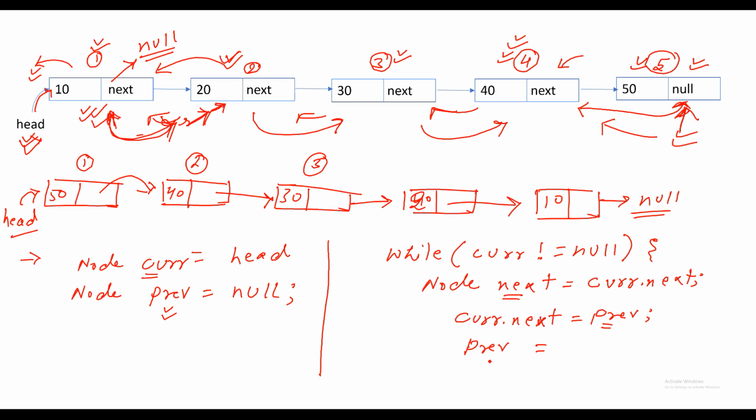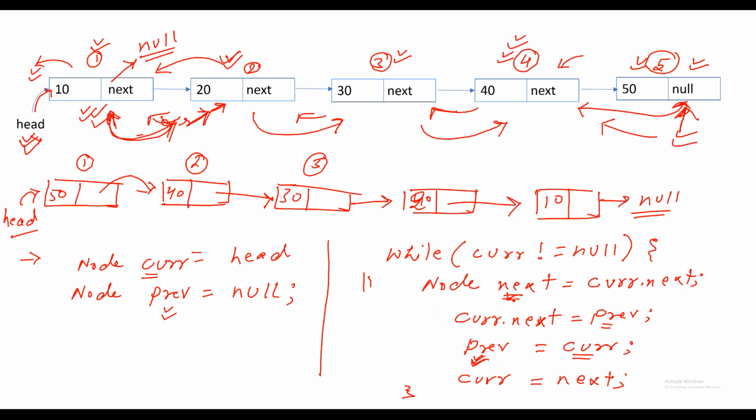So before you move to the next node, you store your current value into previous, because this will become the previous for the next node. And then you make current equal to next, because you have stored the next of this current here, right? So these are the 4 lines of code you have to write to reverse your linked list. And once the linked list is reversed, where will be your head?